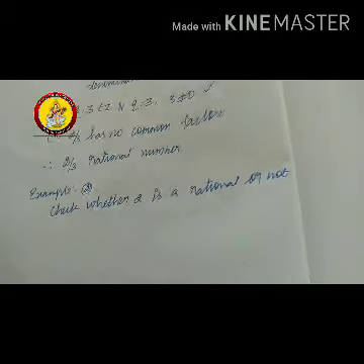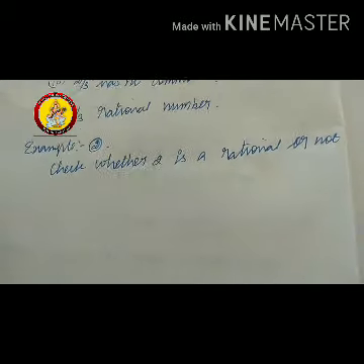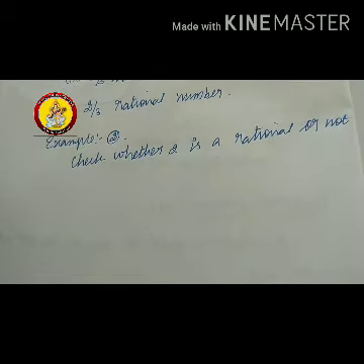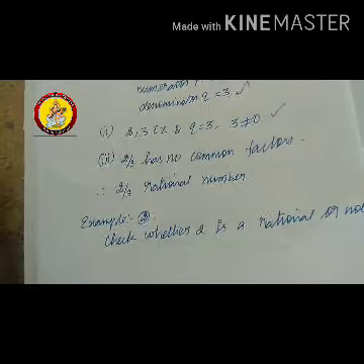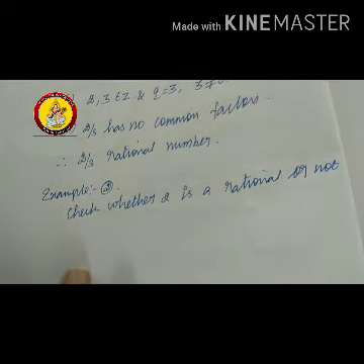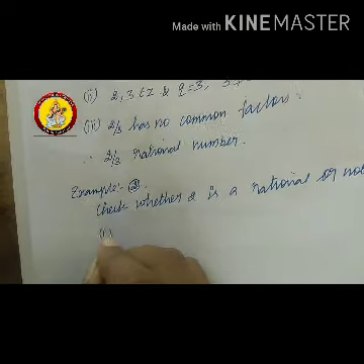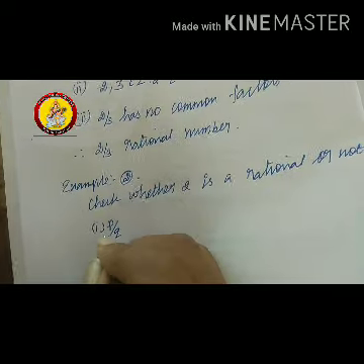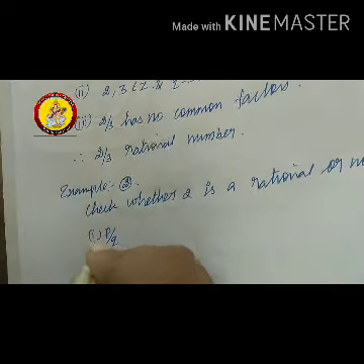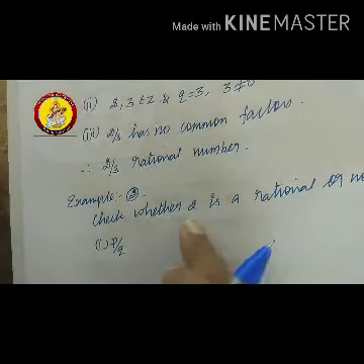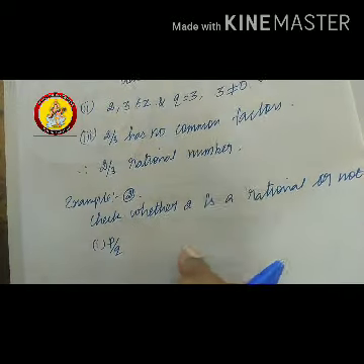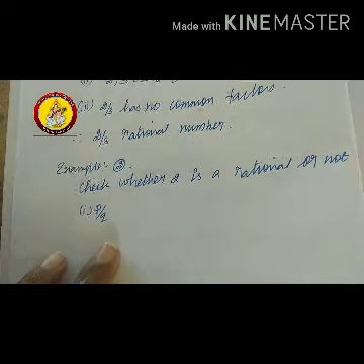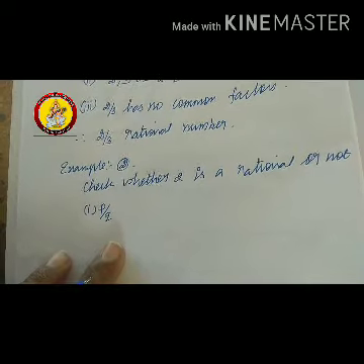Now we have to check whether it is rational or not. So apply the first condition. What's the first condition? The format p by q. Here the given number is 2. This number only has the numerator, it doesn't have the denominator. Is it a rational? Any clue?